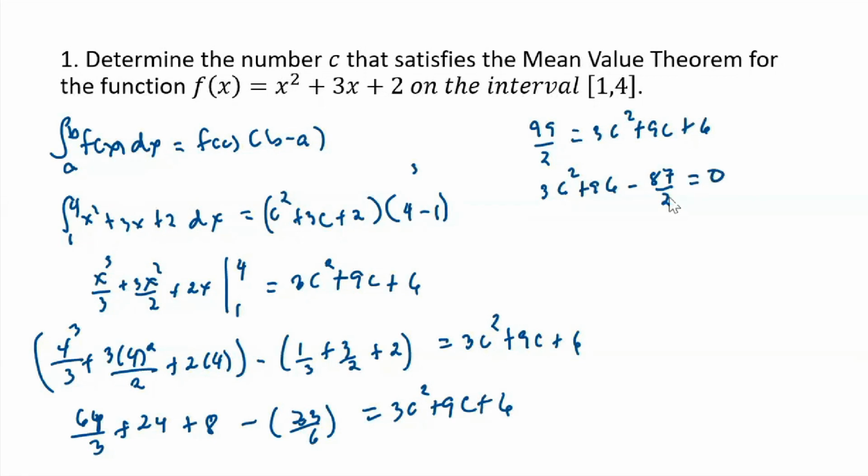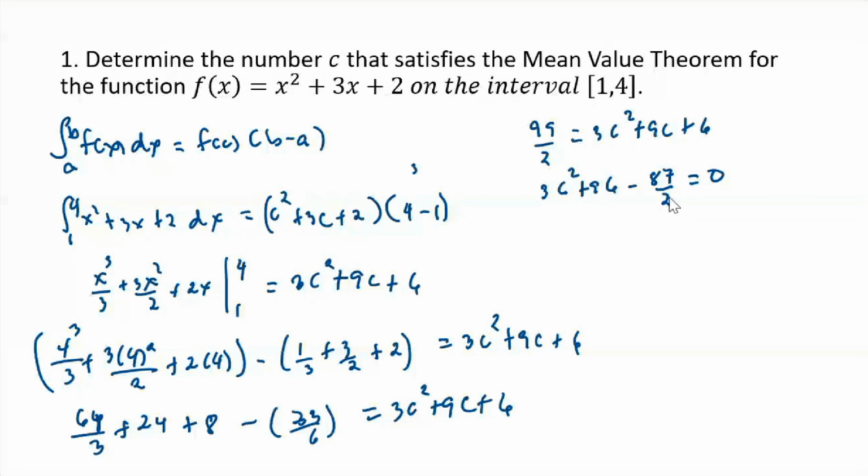So take note, we are trying to determine the number c, or the value of c. There are two possible answers since this is a quadratic equation. At the same time, we want to know the value of c. So in that case, it would be easier to solve using the quadratic formula.